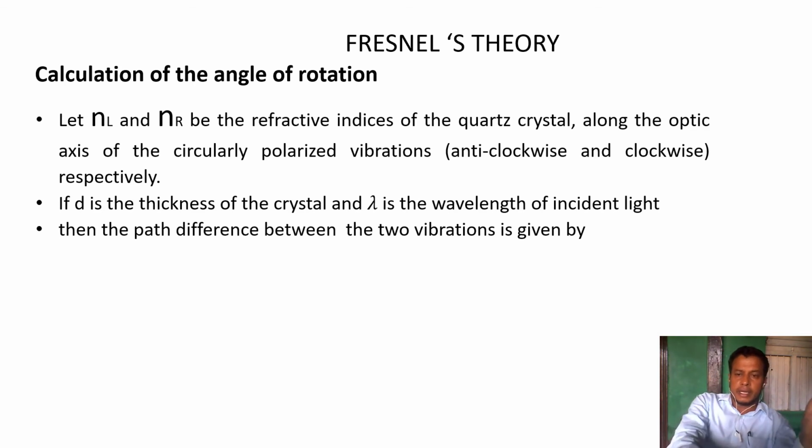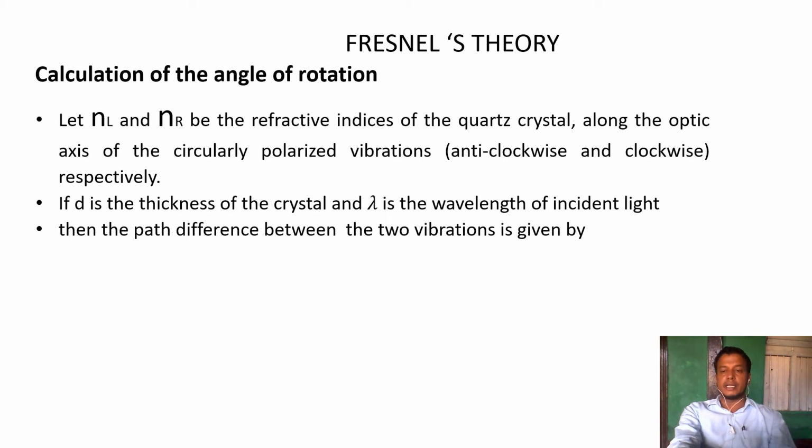Take the refractive indices of both left-handed and right-handed circularly polarized vibrations: nL and nR are the refractive indices of the quartz crystal along the optic axis for circularly polarized anti-clockwise and clockwise directions respectively.